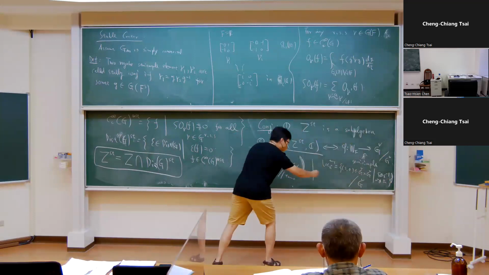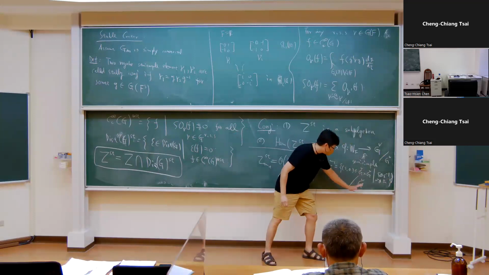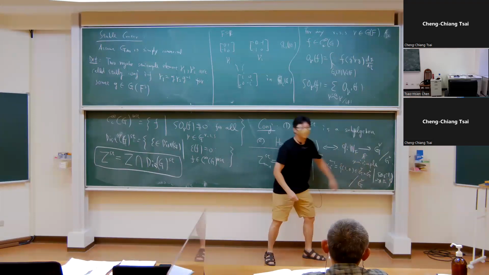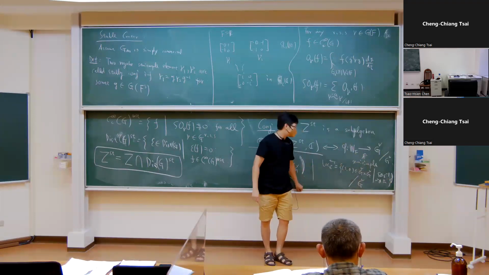It is a stack quotient, but when you take the GIT quotient, you only see the closed orbits.